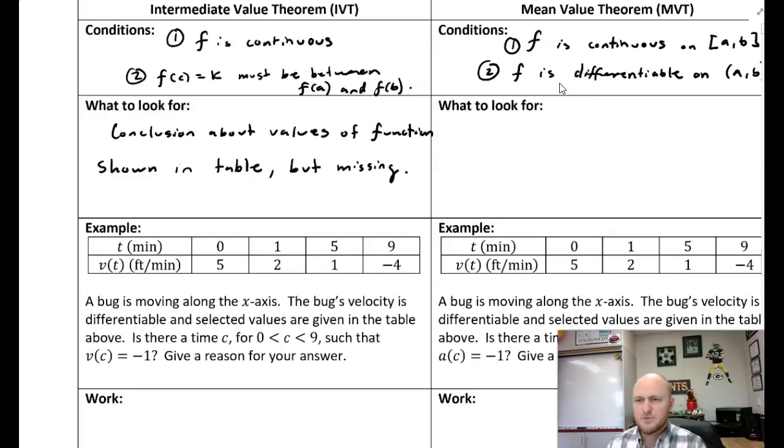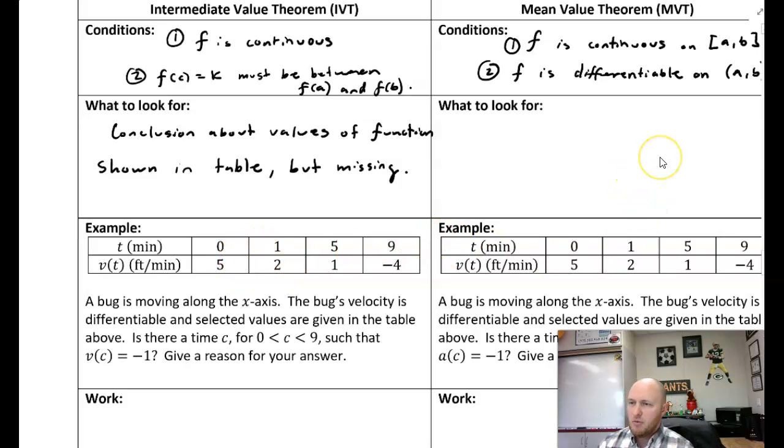So like on that last problem, they gave us velocity. If they said, is there a time where velocity is this? They don't show you that, but they give you information about velocity. You're just trying to pin it between certain values. So if they said, is there a time when the velocity is 3? Maybe right between 0 and 1.